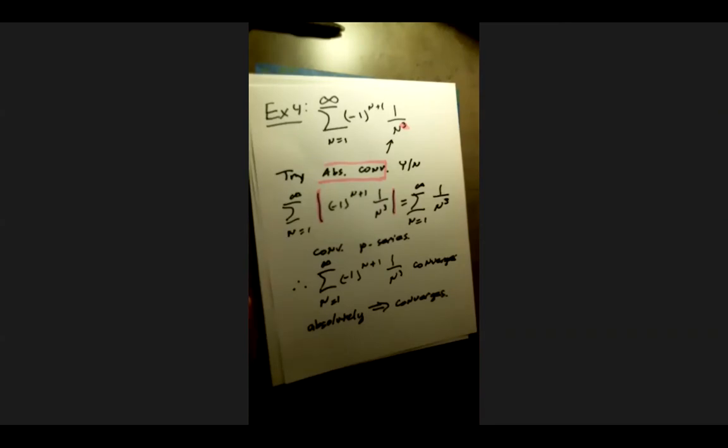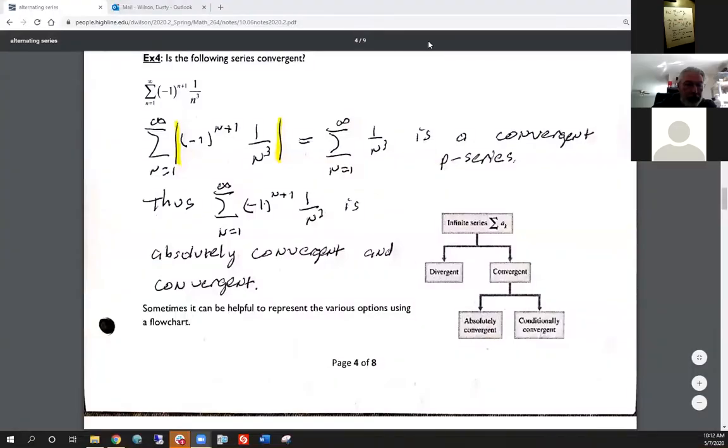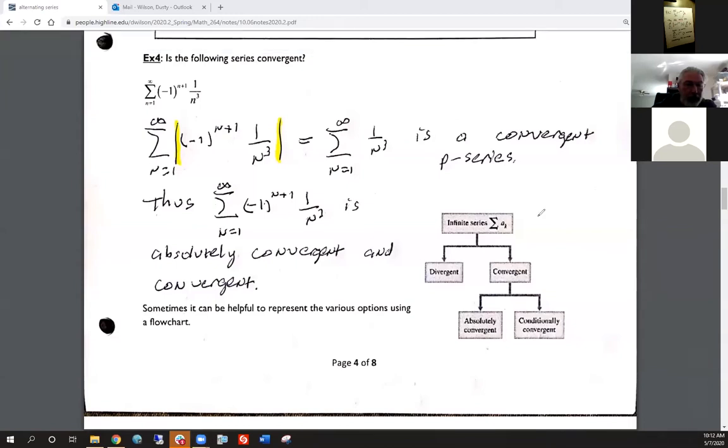So let's look at this in the little flowchart. If you think about this in terms of a flowchart, we are testing these infinite series, and there are two options. Does it diverge or does it converge? If it's convergent, it can converge one of two ways. It could converge absolutely, or it can converge conditionally.